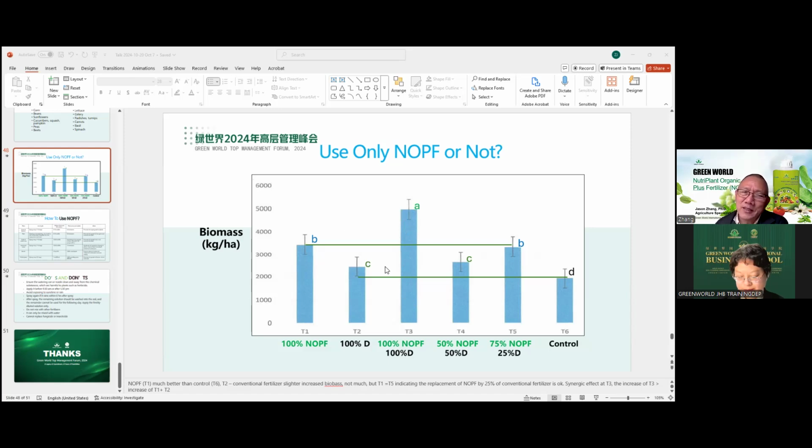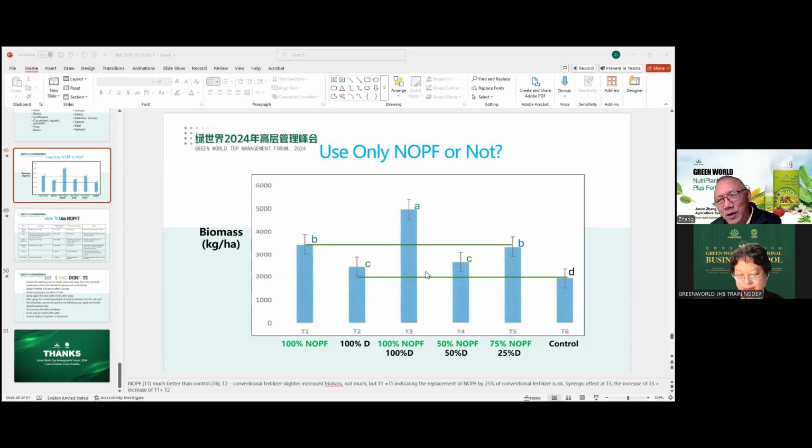But these letters A, B, C are statistically significant levels. At 95% confidence, A to B means that in 95% of cases, they are significantly different.